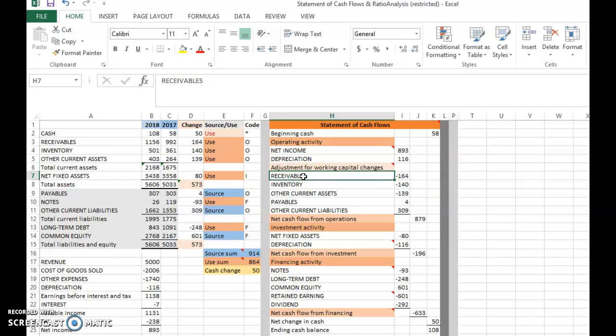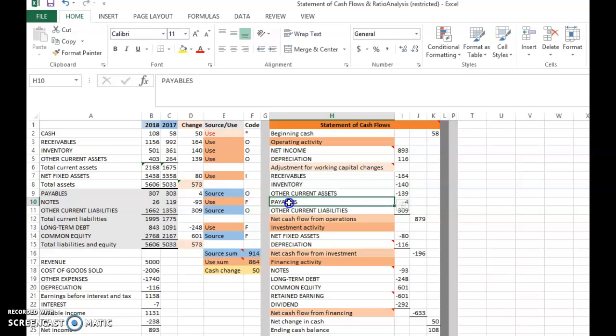Change in non-cash current assets is made up of receivables, inventory, and other current assets. So there are actually 3 items, but these 3 items together constitute the change in non-cash current assets, which is one symbol in the equation that we saw earlier.